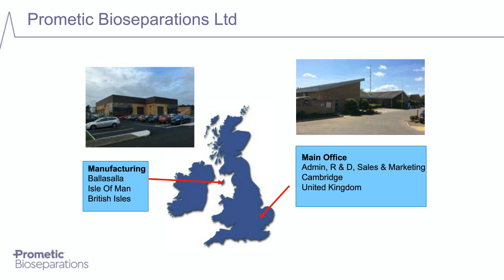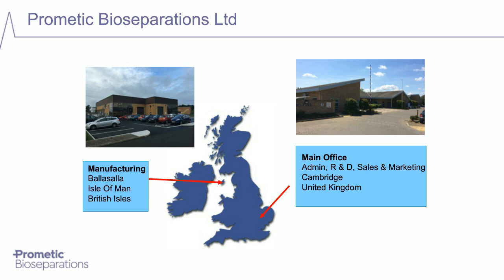We have been developing and producing chromatography adsorbents for more than 30 years, and we focus on high-performance chromatography adsorbents, packed columns, and the development of efficient and cost-effective downstream processes.